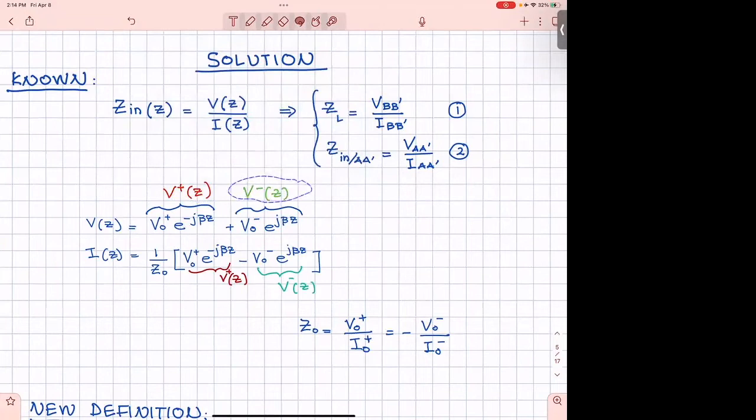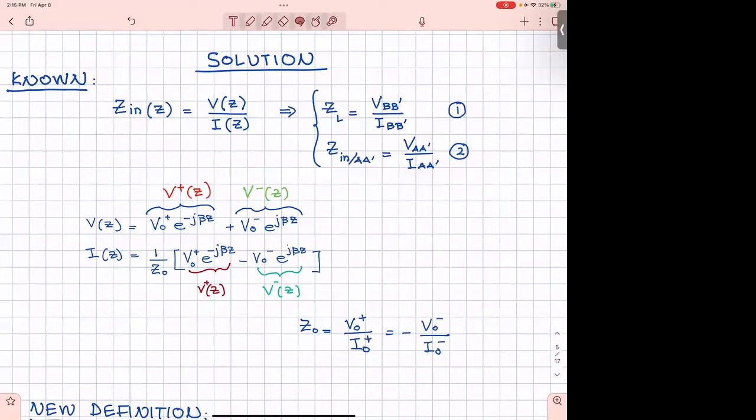All right? These are the two voltages. So I write it here. Okay, we know that. Then I write the current because in these relationships, I need the current. I cannot find any input impedance without knowing the current. So you have to write the current. And the current, from the expressions we've had, I'm using the one that has only the V naught plus and the V naught minus.